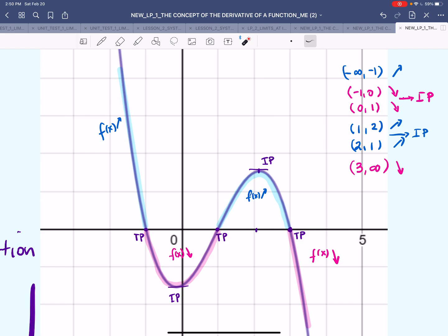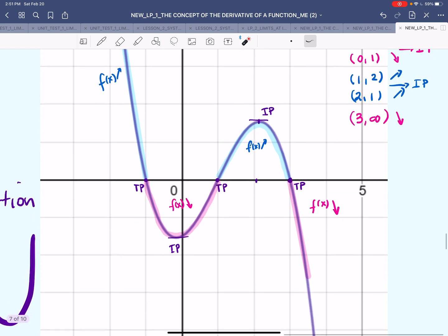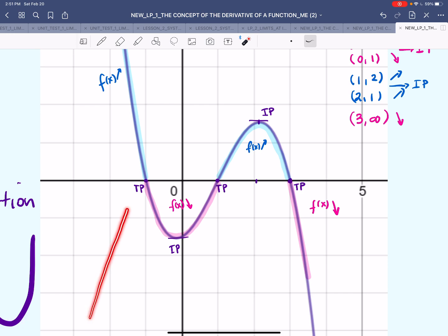So from negative infinity to negative 1, we will have an increasing function. So I would go this way, right? Negative infinity to negative 1. And right here at this point, there will be a turning point. So the graph can go this way around.